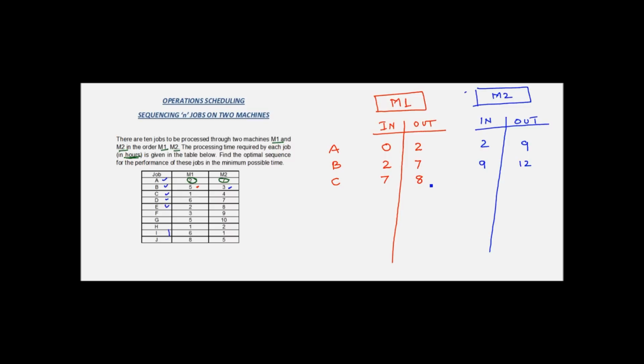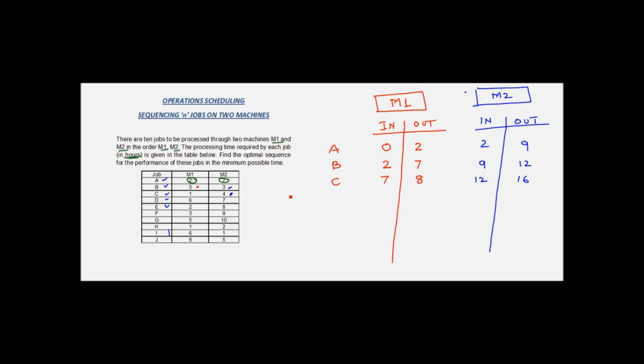Now even though C is out of M1 after 8 hours, M2 is still processing B till the 12th hour. So C can be processed on M2 after 12 hours, and then it takes 4 hours to be processed on M2. So 12 plus 4 is 16. So it will come out after 16 hours.